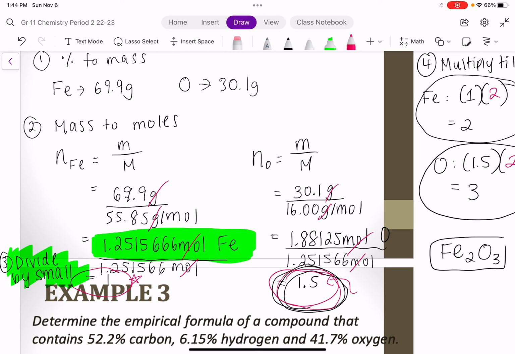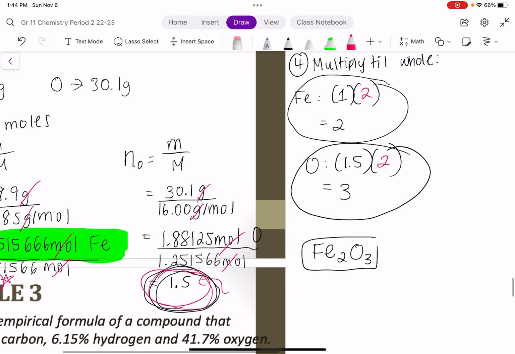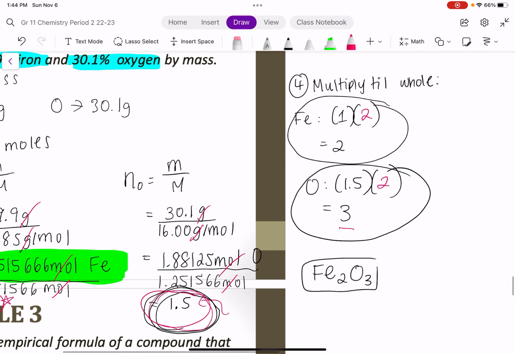So we multiply till whole. To get to the nearest whole number from 1.5, we had to multiply by 2 to get to 3. And we have to do that for iron as well. So again, it's telling me for every 2 iron atoms, there are 3 oxygen atoms.